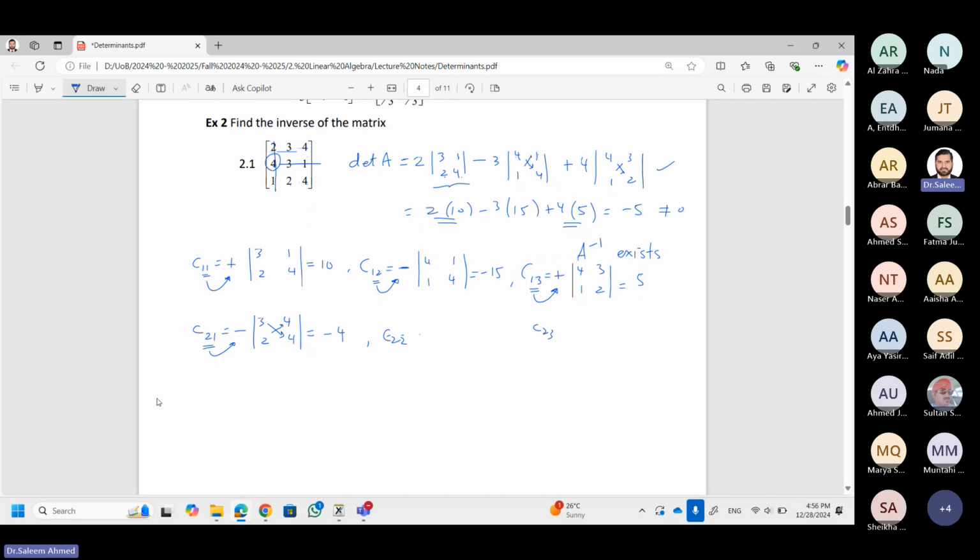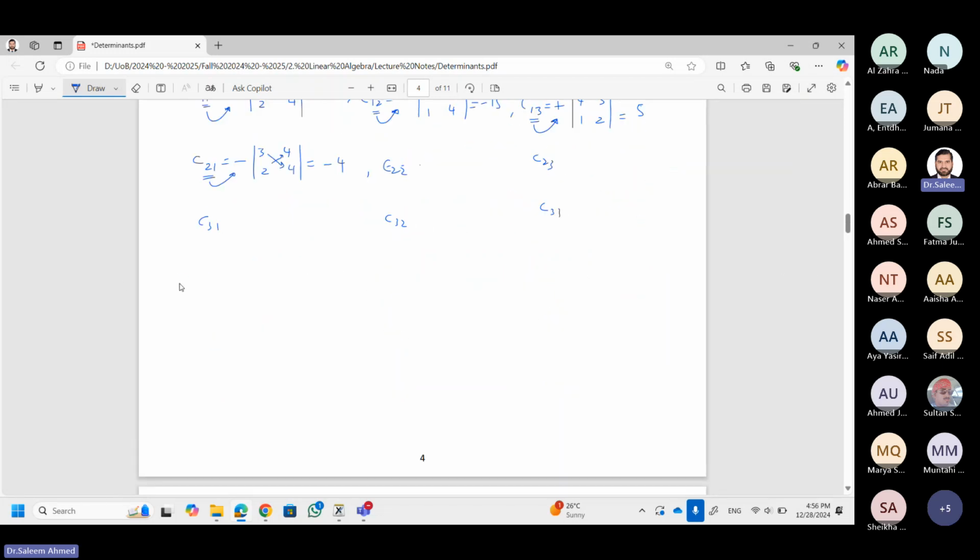C22, C23, C31, C32, C33. Once you get all the values, you will write them as a cofactor matrix. The cofactor matrix is C, which is C11, C12, C13, C21, C22, C23, C31, C32, C33.